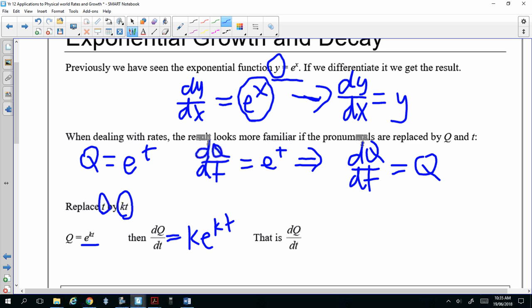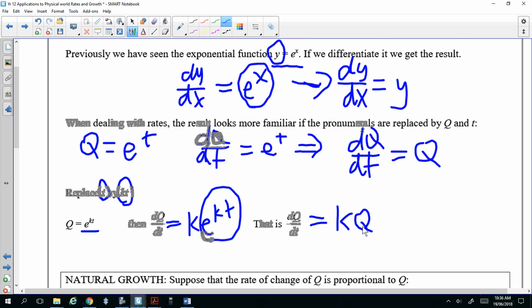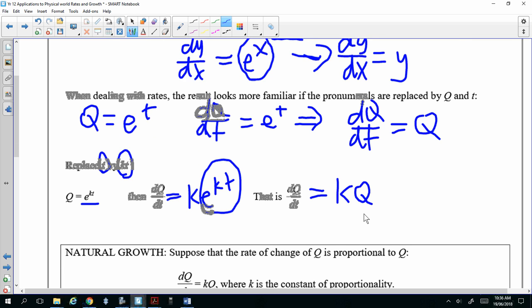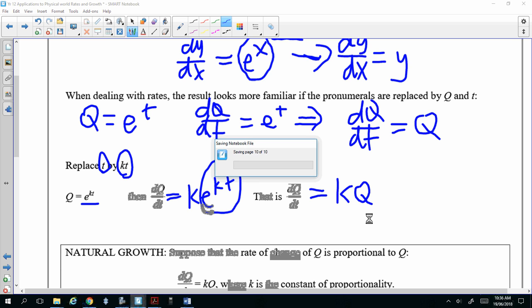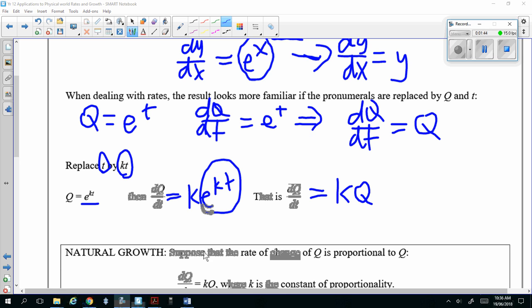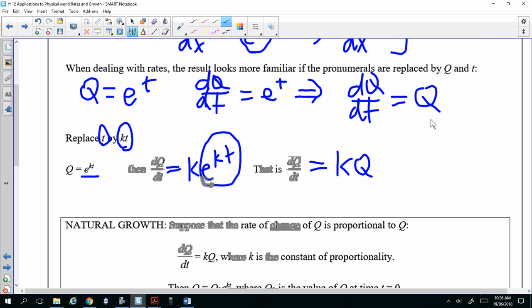And I could replace this by q, so therefore the derivative of the quantity is equal to a constant times the quantity. So we say that the rate of change is proportional to the quantity itself. Okay, so now we have a more general formula for exponential growth and decay.